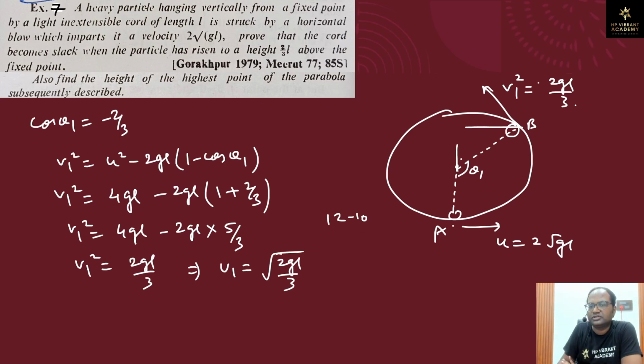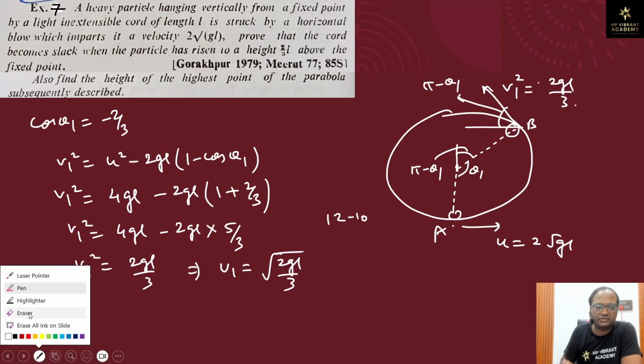So this angle will be pi minus theta 1. Let us find the height.